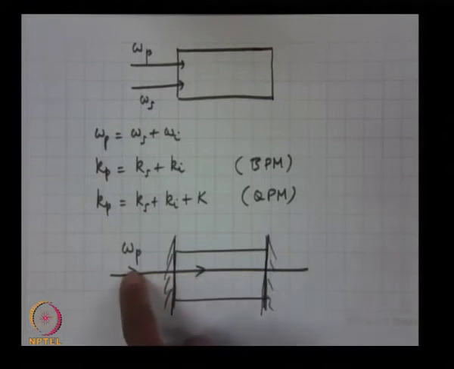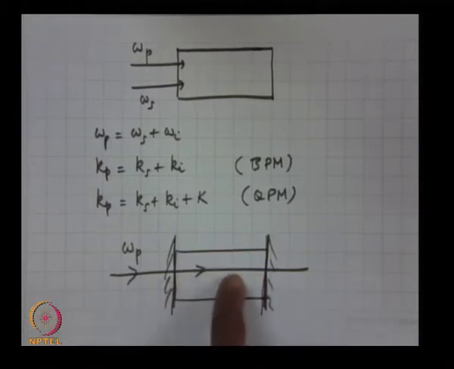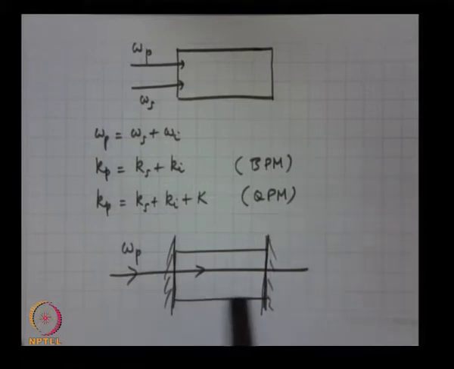So if my intensity of the pump wave is sufficiently high, what can happen is the gain suffered by the signal in one round trip can compensate the loss suffered by the signal in one round trip. So the condition for oscillation is, as the signal does one round trip inside the crystal, that means it starts from the mirror, goes to the second mirror, reflects, comes back, reflects. So that's one complete round trip.